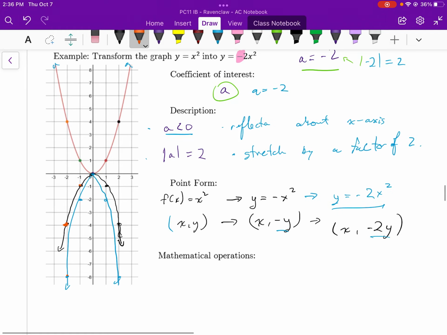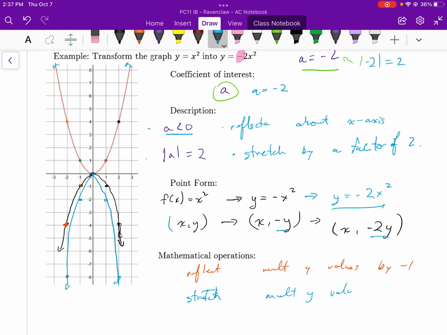So the mathematical operations: for the reflection, it was multiply y values by -1. The blue one was my stretch, and I would multiply my y values by the absolute value of -2, which was 2. So I just multiplied my y values by 2.